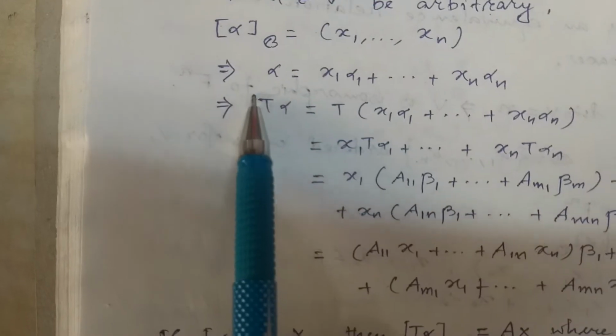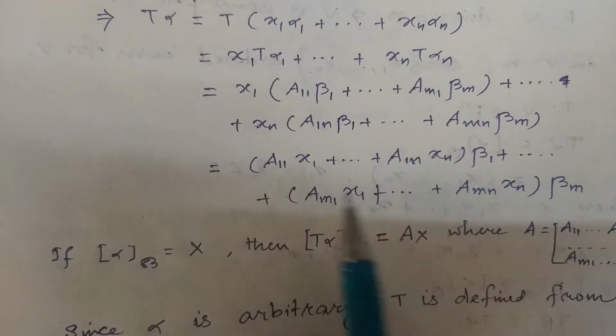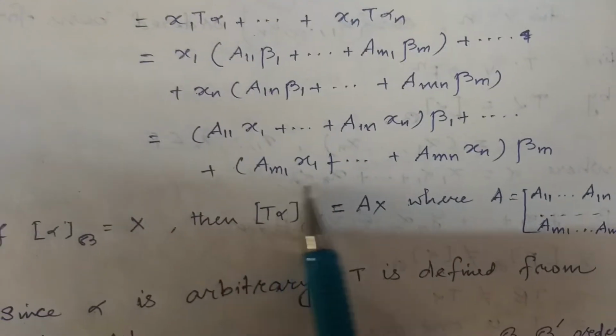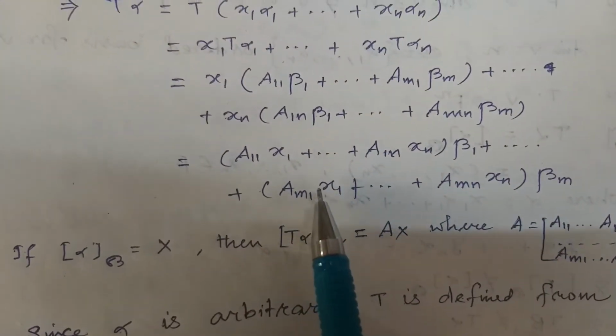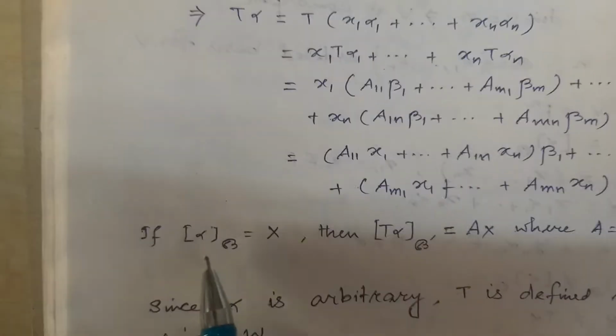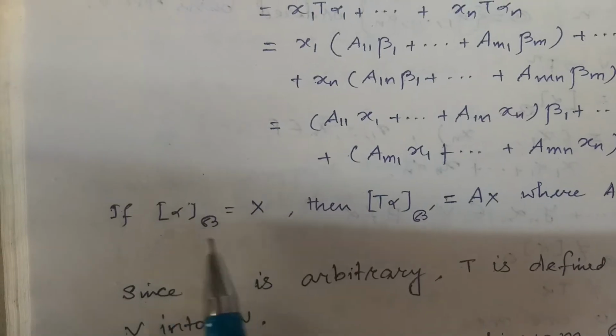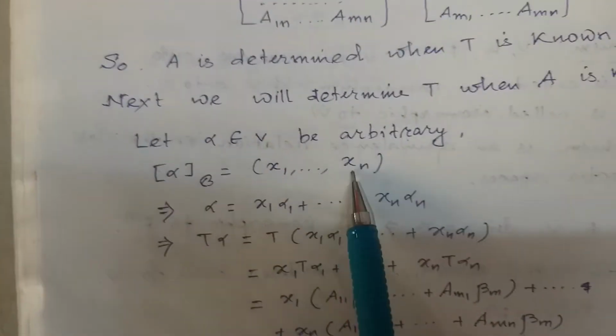Now that means the coordinate of T alpha with respect to beta 1, beta 2, ..., beta m gives each component. The first component is this, and the last component is this. There are m components. If we suppose the coordinate of alpha with respect to B is capital X, that means capital X is the column matrix x1, x2, ..., xn.